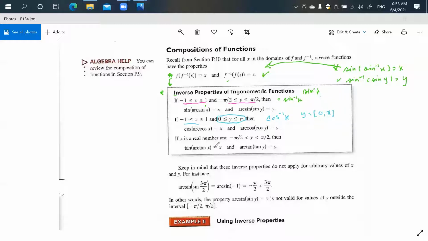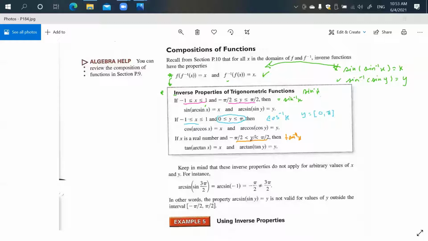And then the last one talks about arctan. See this one, arctan. The last one here is arctan x. So the property of this one, the restriction is this one, don't forget.